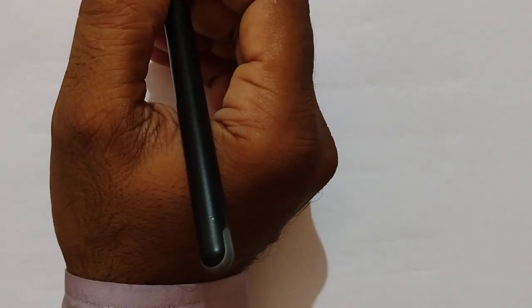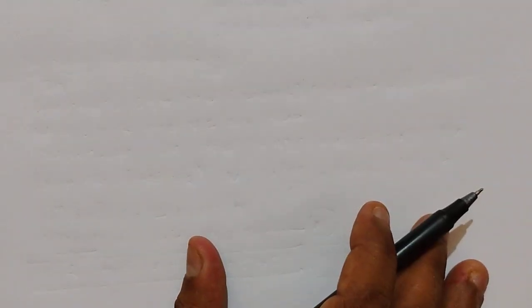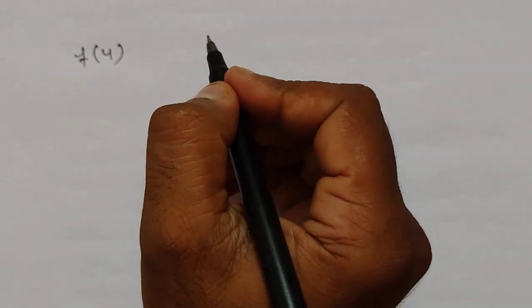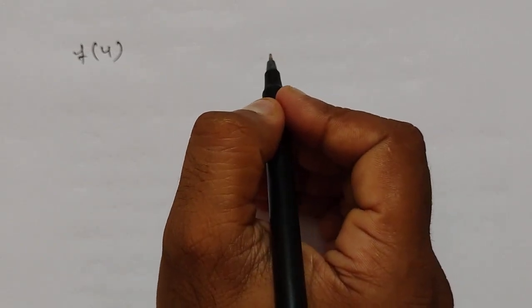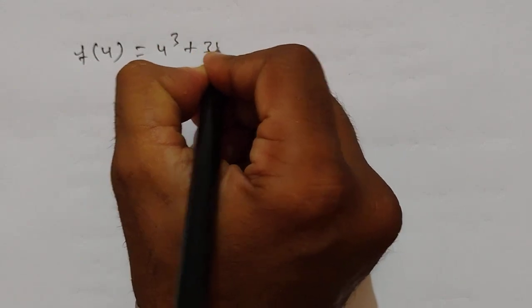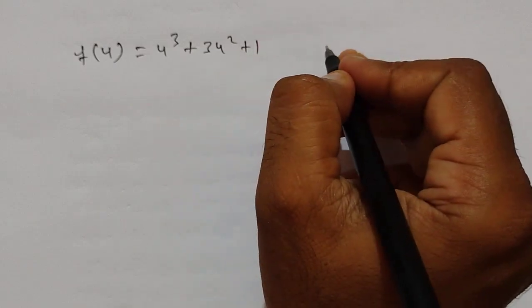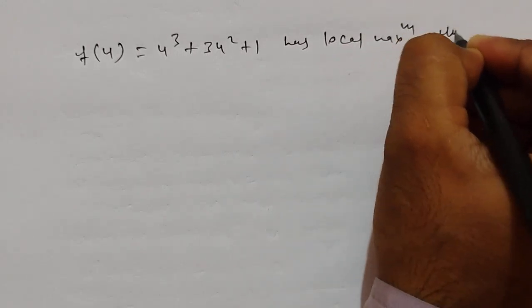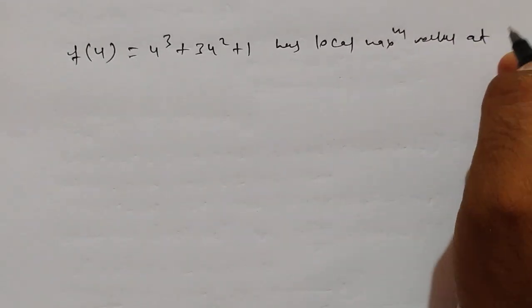Now if we form the function of u, u to the power 3 plus 3u square plus 1, it has a local maximum value at 5.